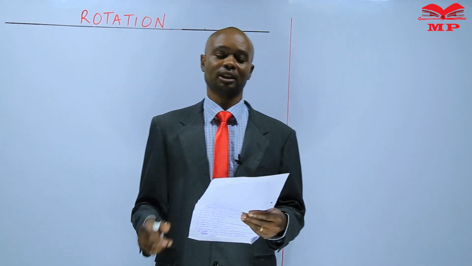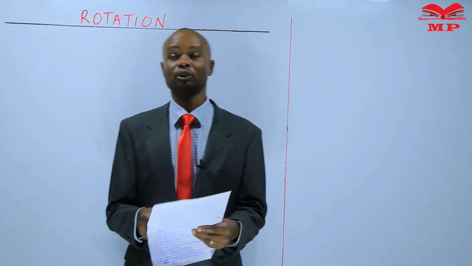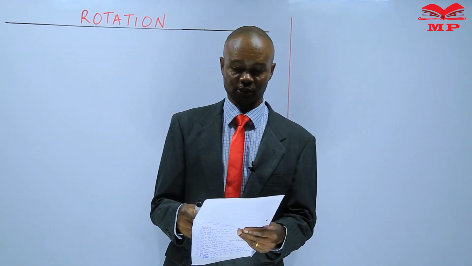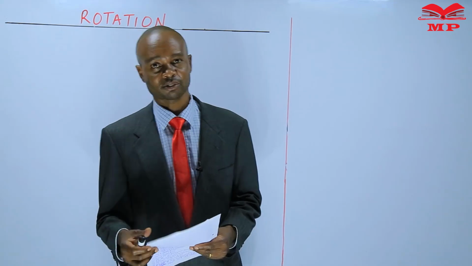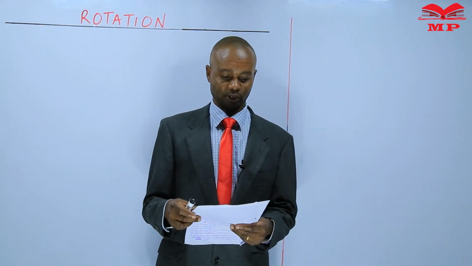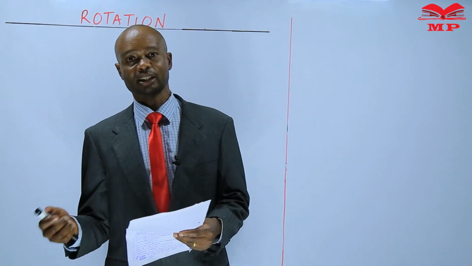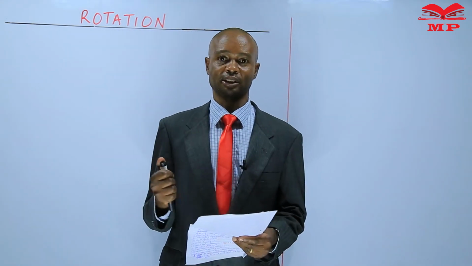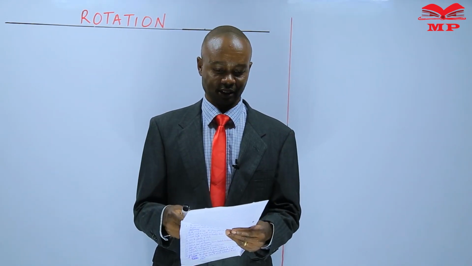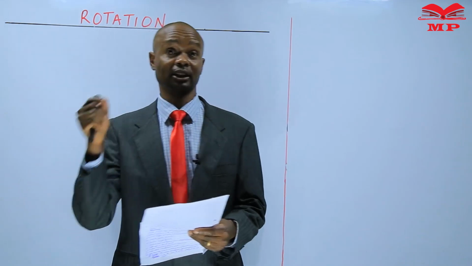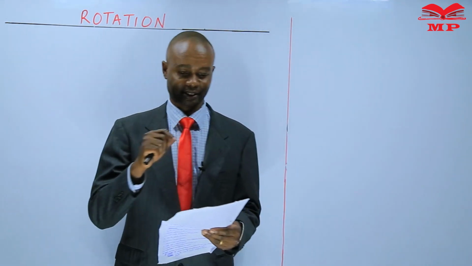By the end of the lesson, the learner should be able to: one, state properties of rotation as a transformation. Two, determine the center and the angle of rotation. Every rotation will have a center. Three, apply properties of rotation on the Cartesian plane.